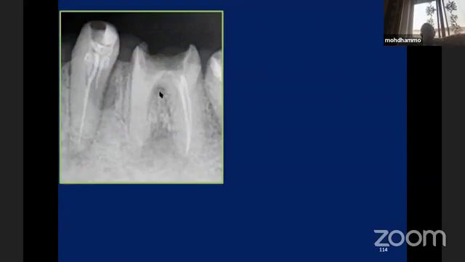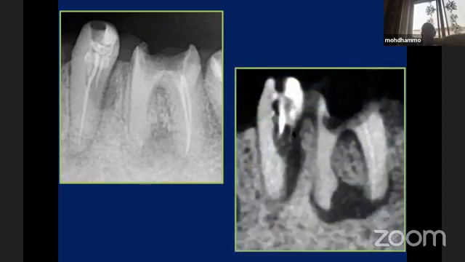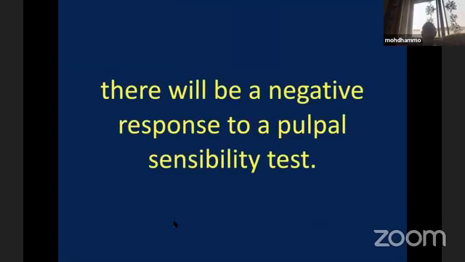So if you look here, in the periapical X-ray, I don't distinguish what's happening here. But with the CBCT, you can see the extent of the resorption here and here. Of course, when we have an avulsed and replanted tooth, the response to the vitality test is negative.